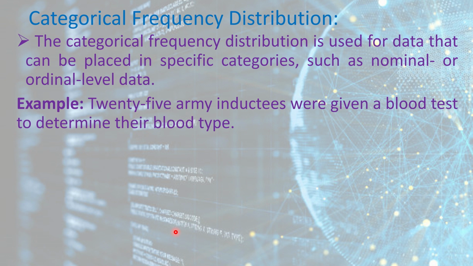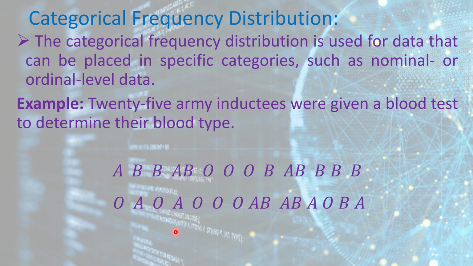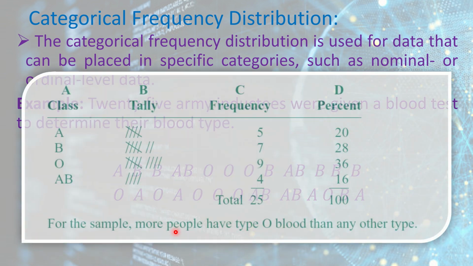For example, consider the following blood types for a specific group of army inductees: A, B, B, A, B, and so on. You know that these are categorical data.